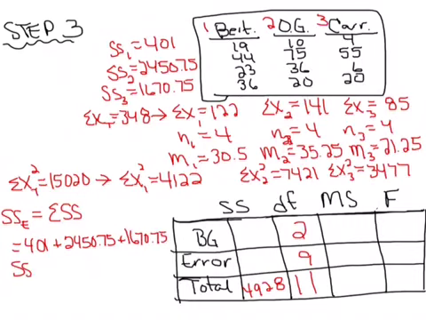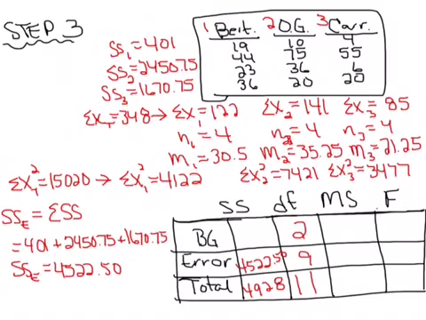Once you add the sums of squares error up, it ends up being 4,522.50. So we can plug that in. I'm just going to squeeze it in there.